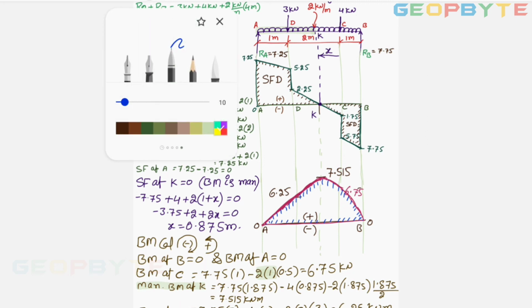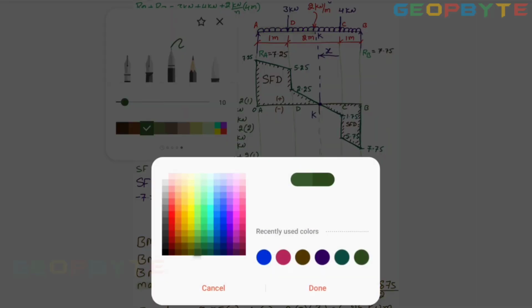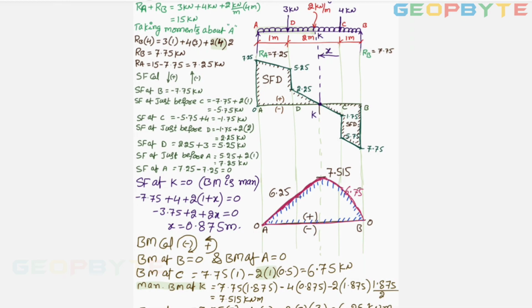That is the BM diagram. Let us take another color. I'll try to provide clarity in the information. This is the BM diagram. I hope all of you understood.